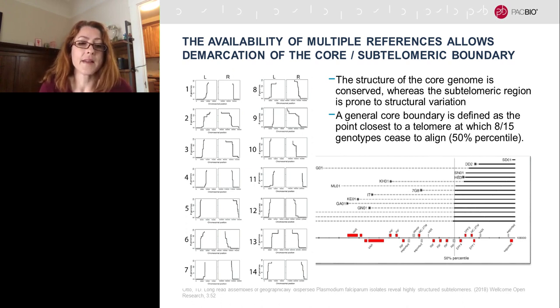You see that alignment is robust in the central part of the genome, but there's a super sharp drop off when you try to align the new 15 genomes against the original reference. So that cutoff is really abrupt and very sharp. And if you want to read more details about the structure of that, I encourage you to read the paper.